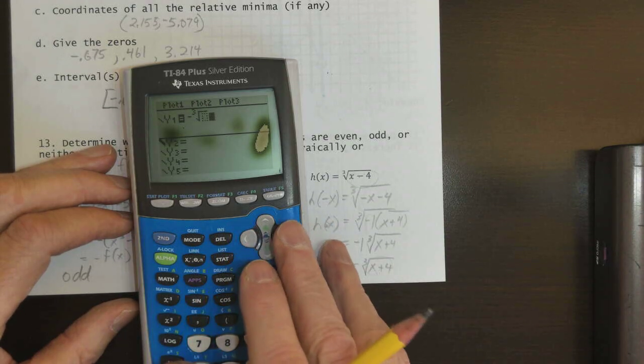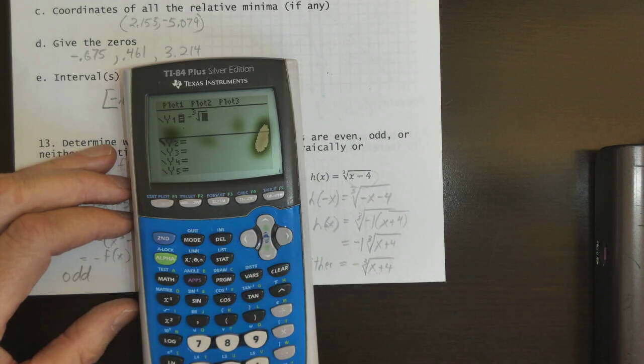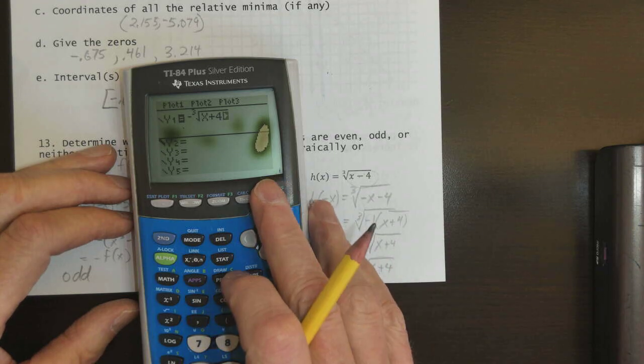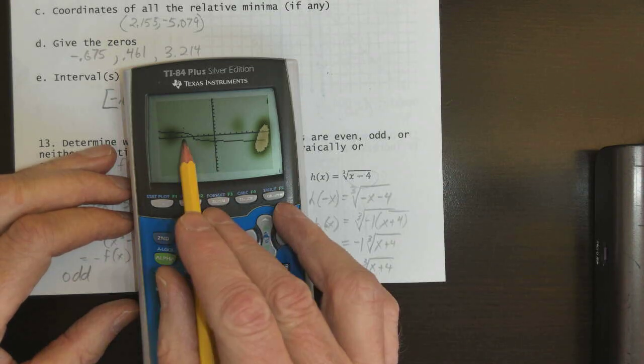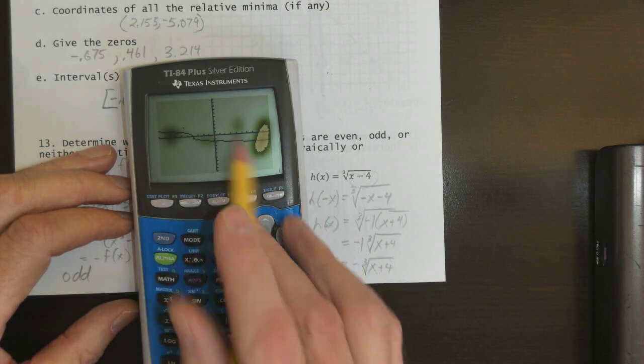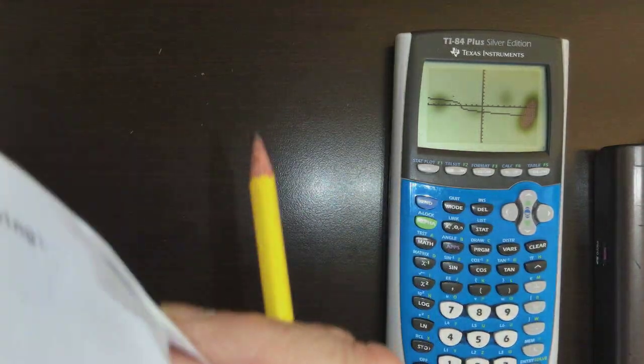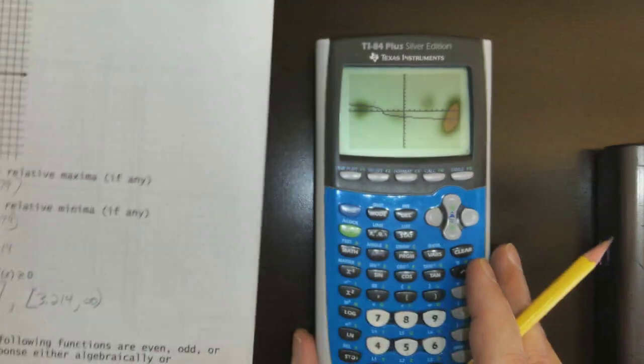Negative cube root of x plus 4. I'll graph that. Okay, not going to do it. It's not symmetric. If it was over here a little bit, it would work, but that's not the case. And that is it. I was looking for the next one, and that is it.